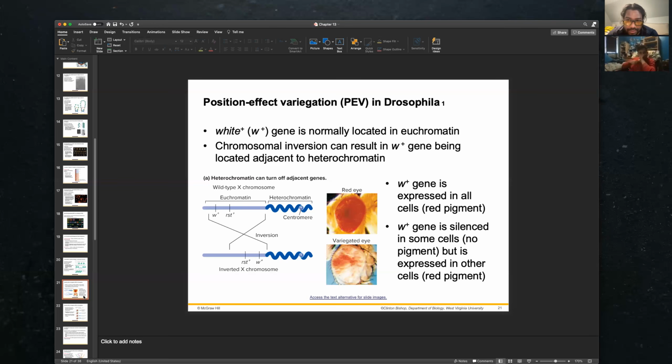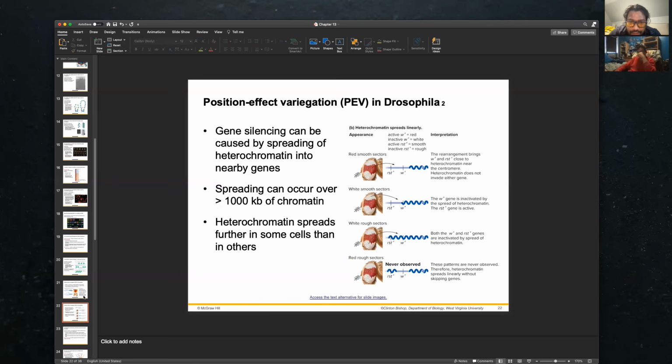You'll have some areas that are red and some areas that are white. If you go one slide lower, you see that in the eyes. It's never just all red or all white; it's variegated.